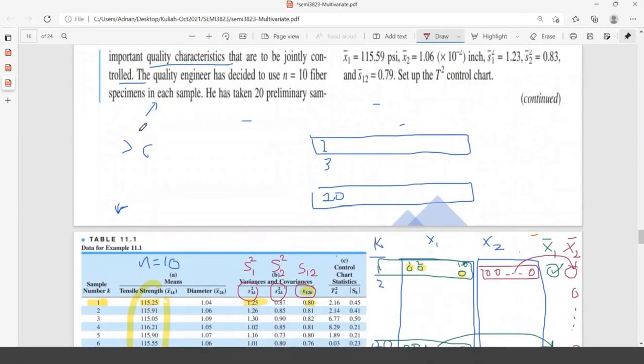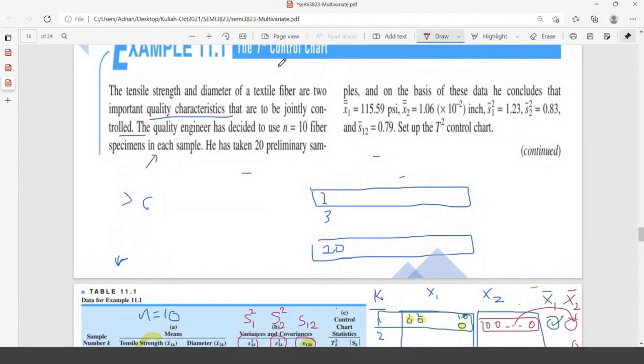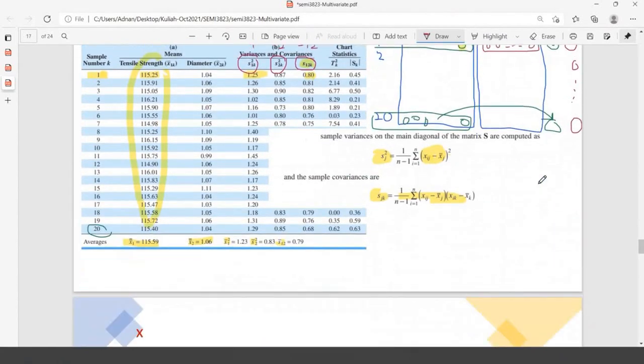1.23. Also, we can get it from here, 1.1, which is the average of this.